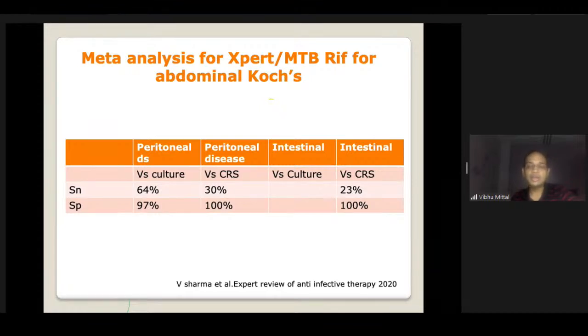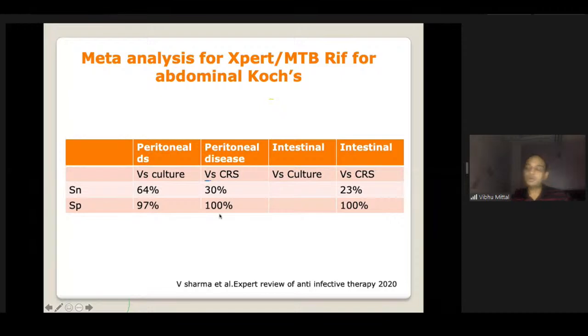And the gold standard here is the culture. But the positivity of culture is only around 25 to 30% for peritoneal disease. So it was compared both with culture as well as the composite reference standard, which I talked about earlier, or the clinical endpoint. As far as sensitivity goes, the sensitivity in peritoneal disease was 30%.